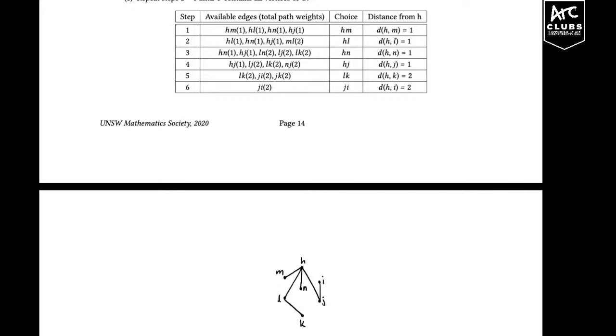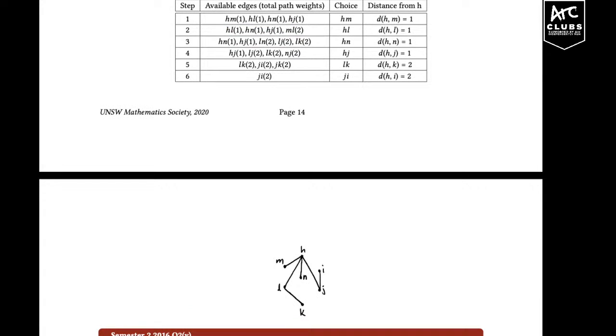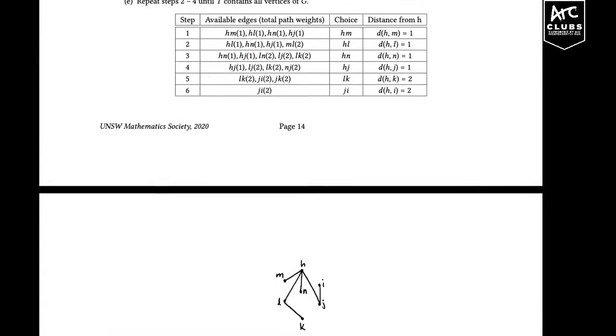Moving on to step 2. Now that I've chosen HM, that's no longer an available edge for me, so I still have HL, HN, HJ, but because I have HM down, I have the option ML.